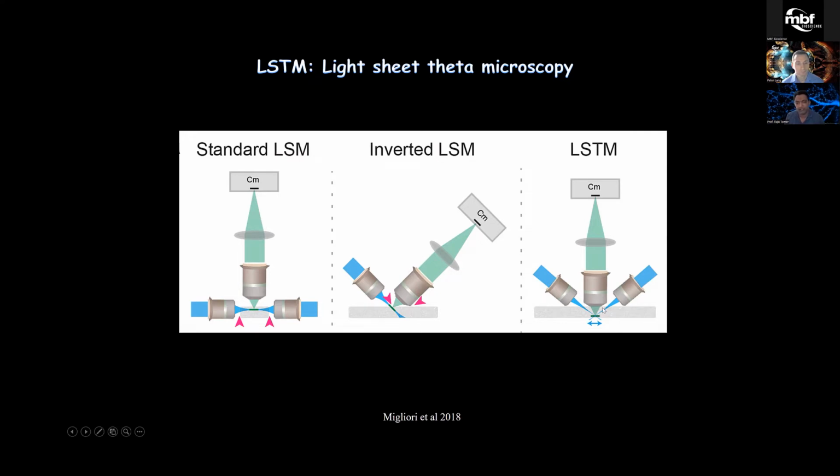And of course, there are still possible limitations from the working distance of the detection objective itself, that we cannot go deeper than that, right? So this conceptually solves some of these problems that we encounter when we want to scale up these imaging approaches while maintaining high quality and high speed.